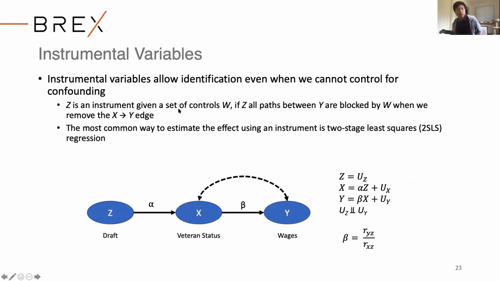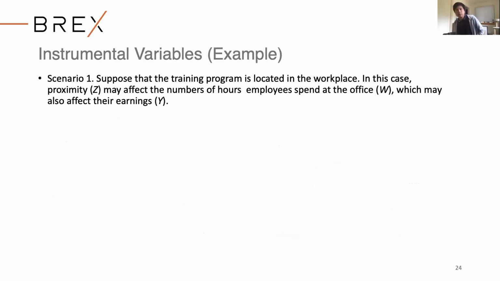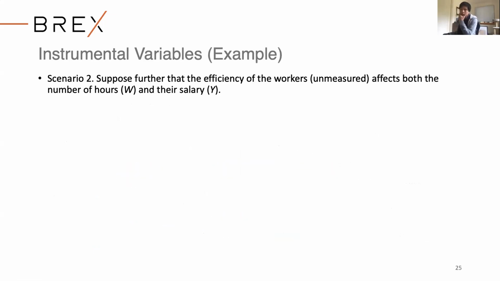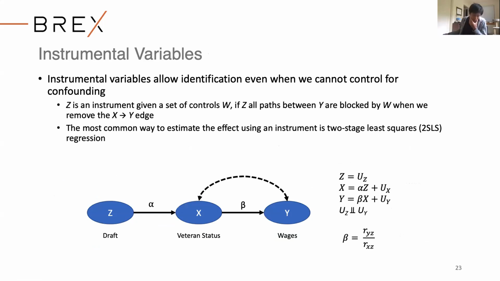All right, since we're a little bit short on time, I'll skip this one for now, and then I'll just go into the examples. This is just to briefly describe it: instrumental variables is another technique that I can use to estimate causal effects when I can't control for confounding. So if you see this example here, you have a confounder here.